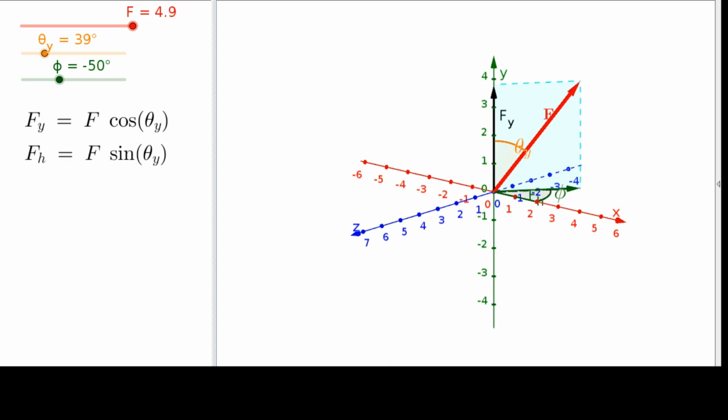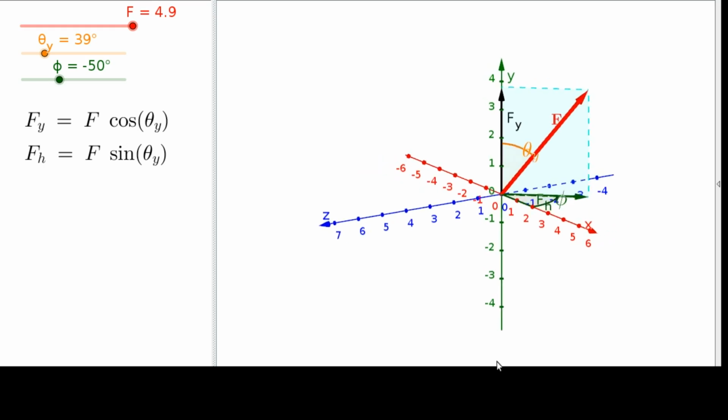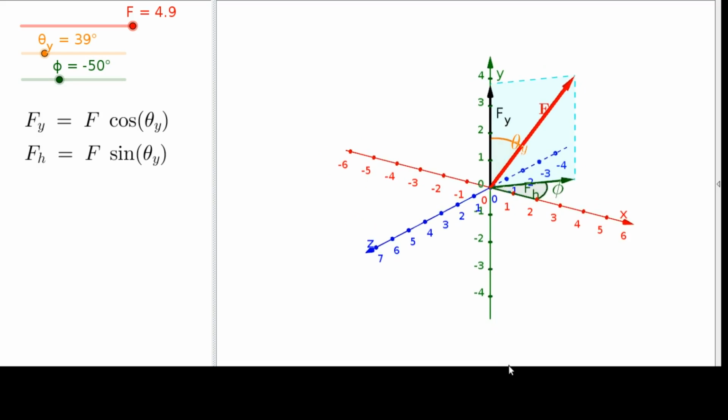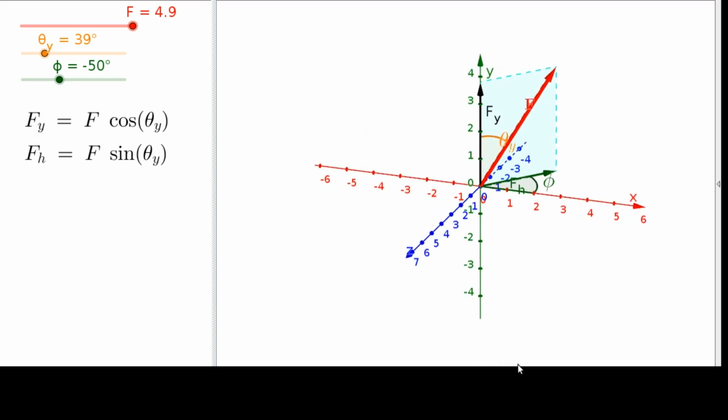FH. So this vector is another vector that's in the xz plane. If I move a little bit, you can see it's in the xz plane. And again, we'll call that FH.